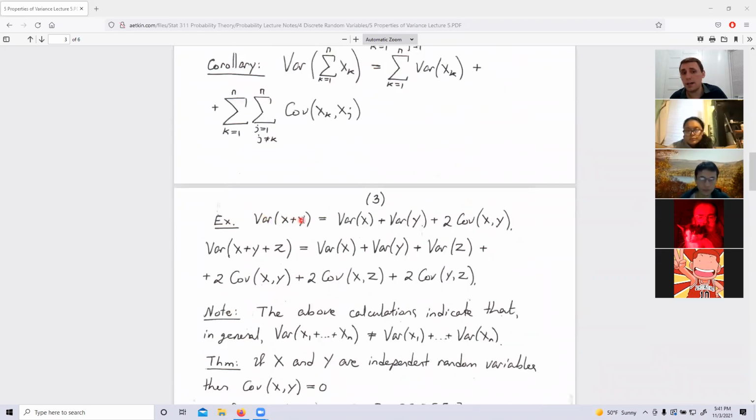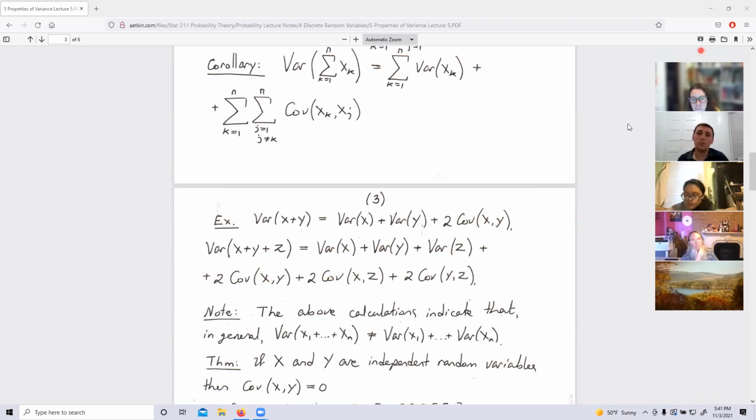What's variance of x plus y? It's covariance of x plus y with x plus y, which when you simplify it, when you move things apart and regroup, it's variance x plus variance y plus 2 covariance xy, and the same thing with 3 of them. It's just variance x, variance y, variance z plus 2 multiplied by every combination xy, xz, yz.